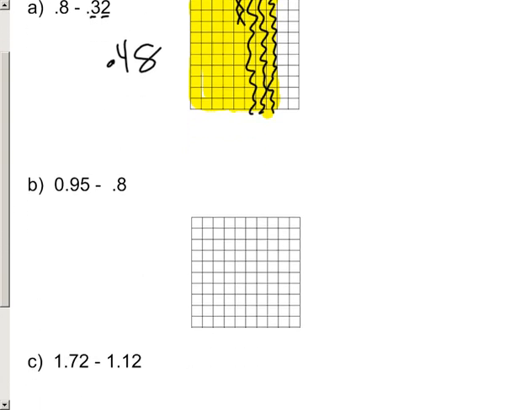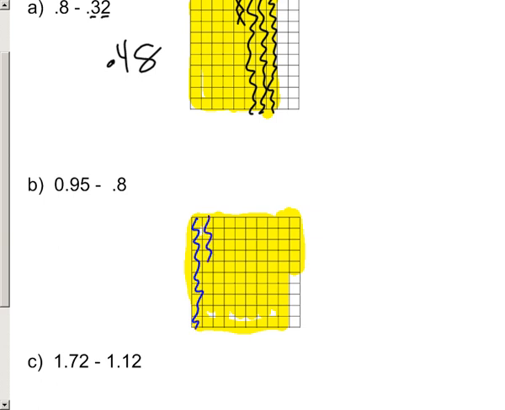Let's try the next one. So we're going to shade in 95/100 right here. So that's 9/10 and another 5/100. And then we're going to take away 8/10. So again, I'll just start on this side this time.